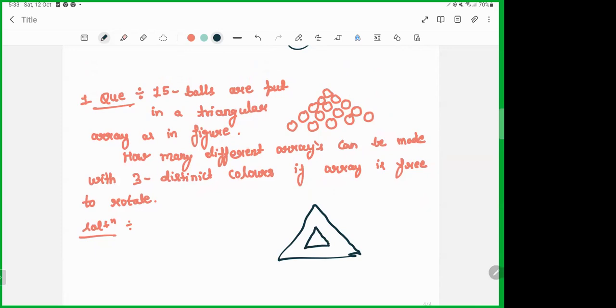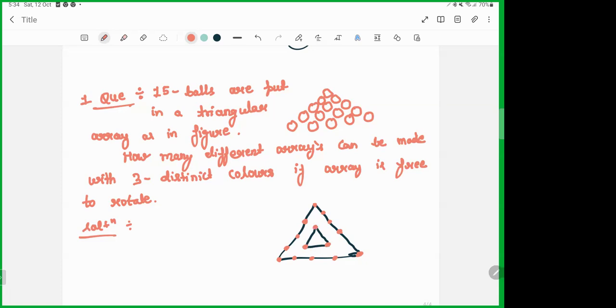So how many balls are in the first triangle? One ball, two balls, and three balls between them. Similarly here three, and here three, and here three.